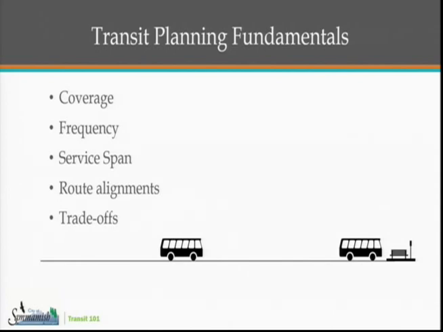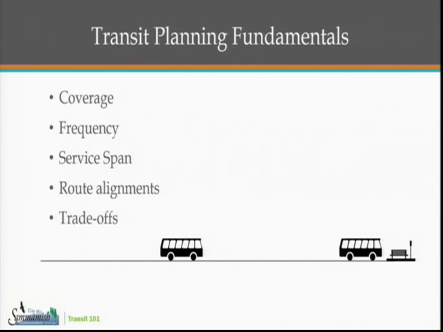Is it a 15-minute headway? Is it 30 minutes? Service span is how long throughout the day, not just on weekdays but on weekends, and what service is provided at what time. Route alignments are which streets the service is located on, and which stops and areas it serves directly. And all of this goes into trade-offs.